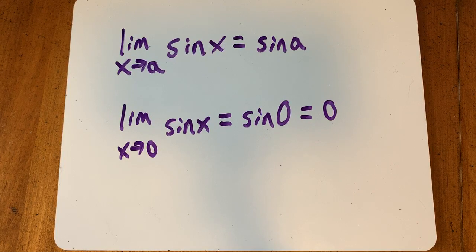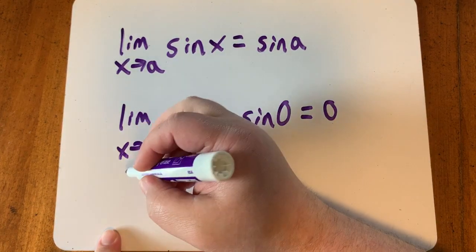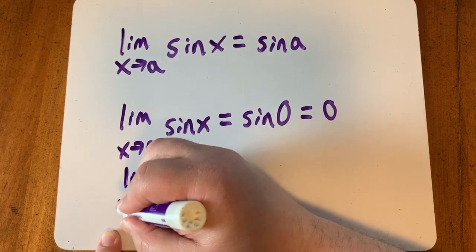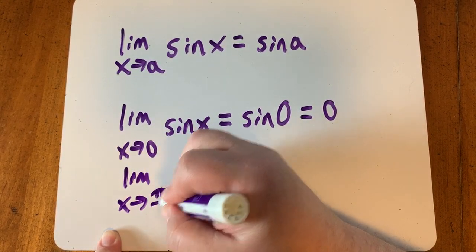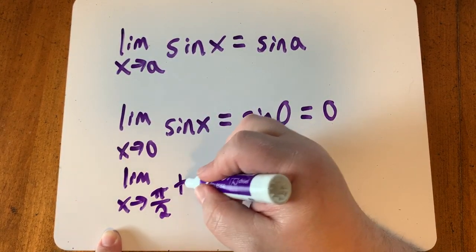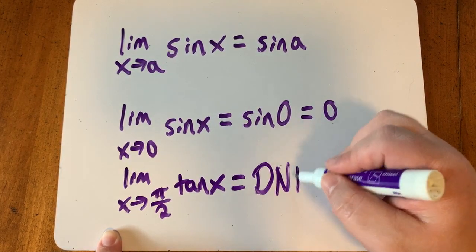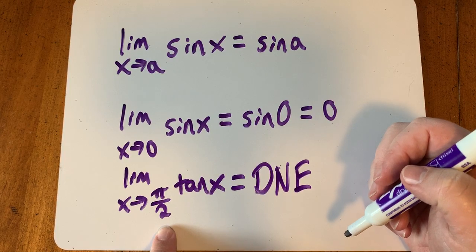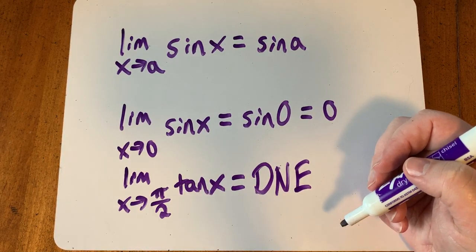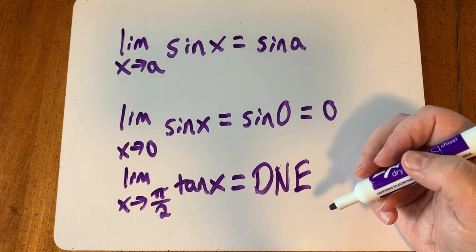So just our general trig functions, it's going to be straightforward. You just need to plug it in as long as a is a member of the domain. So if you had something like the limit as x approaches pi over 2 of tangent of x, that limit would not exist because pi over 2 is not a member of the domain. You wouldn't be able to plug it in.